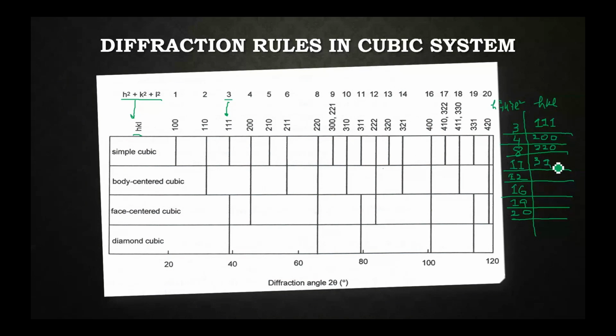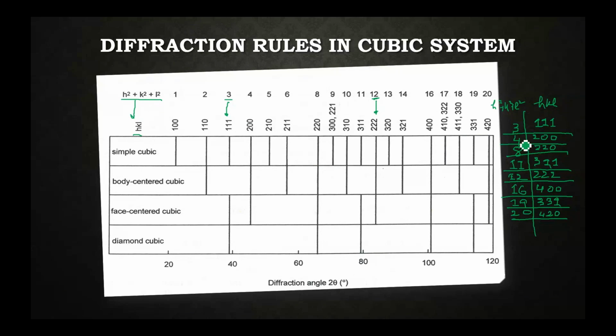And for 12, 222. Triple two, yes. 322 is something else. Then 16, 400. Very good. 19, 331. And for 20, it would be 420.